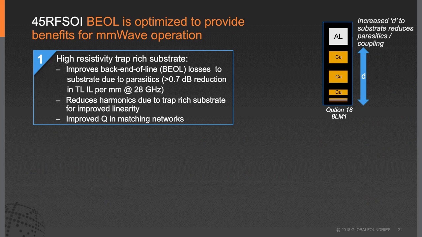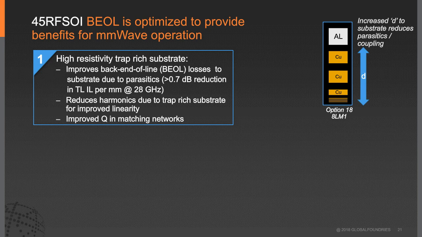On the receive side, you get the benefit of the back end of line. So lower losses, as you can see on the slide, because of the improved high resistivity trap-rich substrate and improved back end of line stack, we have a large distance to the substrate, which reduces parasitics and coupling.